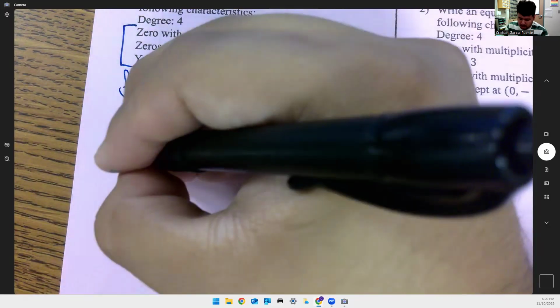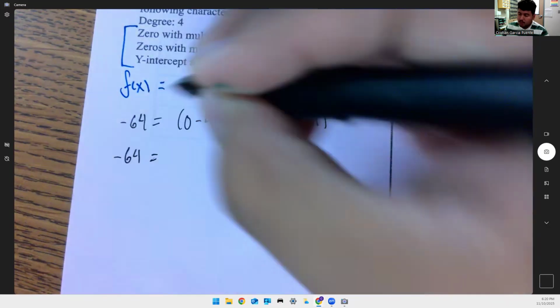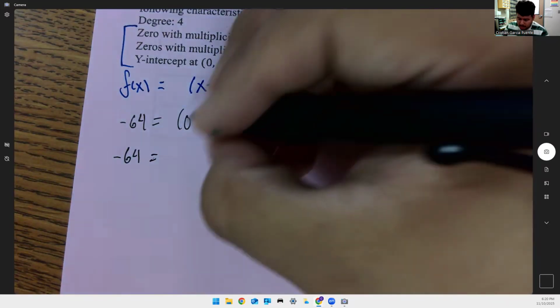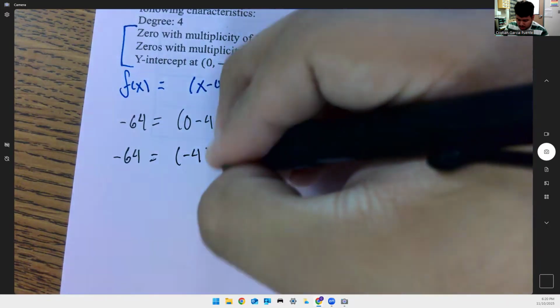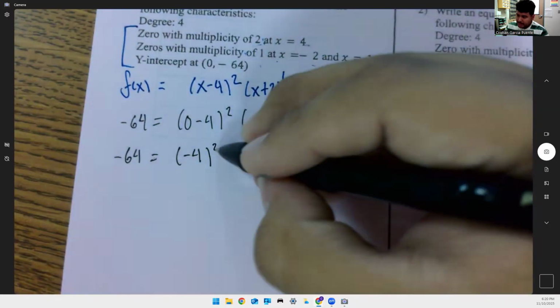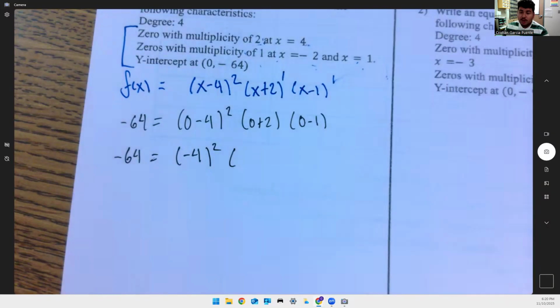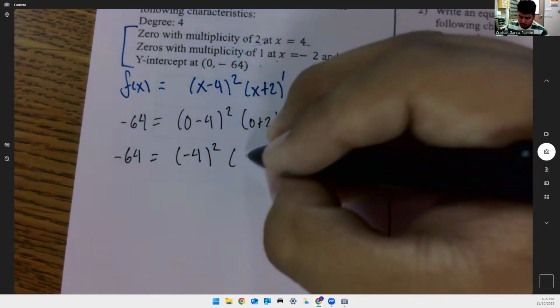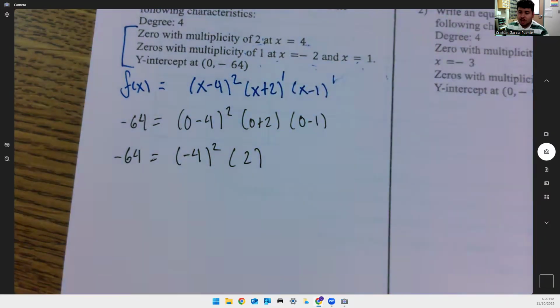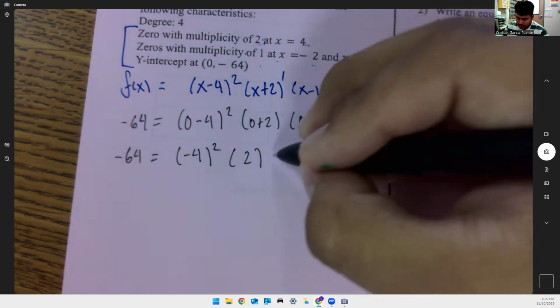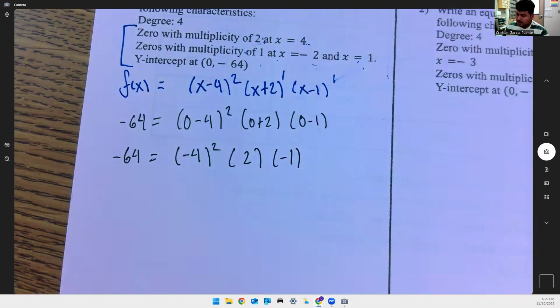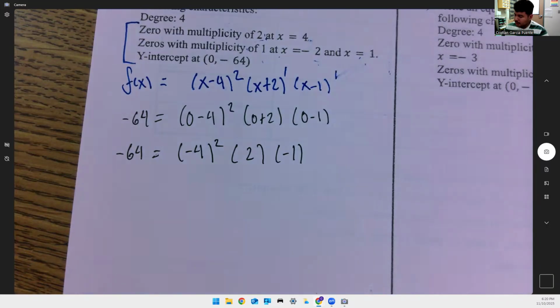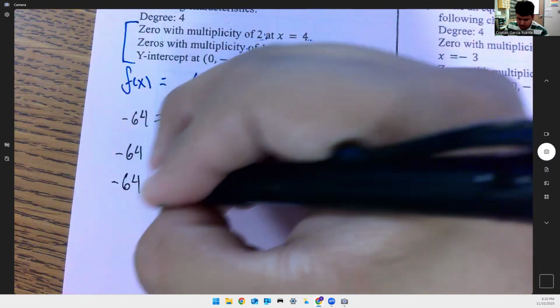And now we just straight up solve. So what's 0 minus 4? Negative 4. And then keep that 2 exponent. Now, what's 0 plus 2? 2. And lastly, what's 0 minus 1? Negative 1. And now you're just going to multiply from the left to the right.